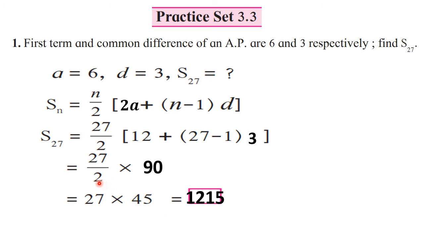So this 90 is cancelled with 2. So 27 into 45, the answer is 1215. So simply by writing these 4 correct answers, you are going to get 2 marks for this particular problem. I hope you must have understood the application of this formula of Sn.